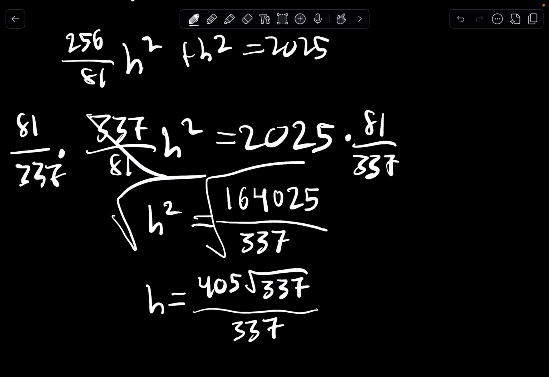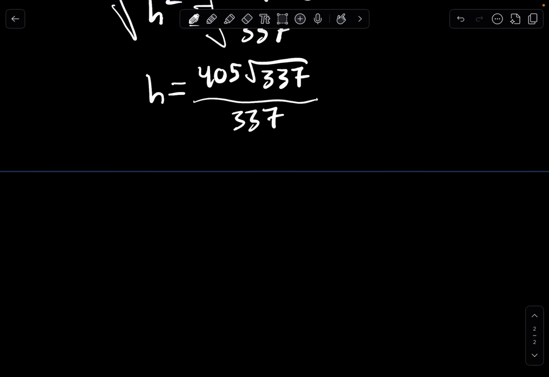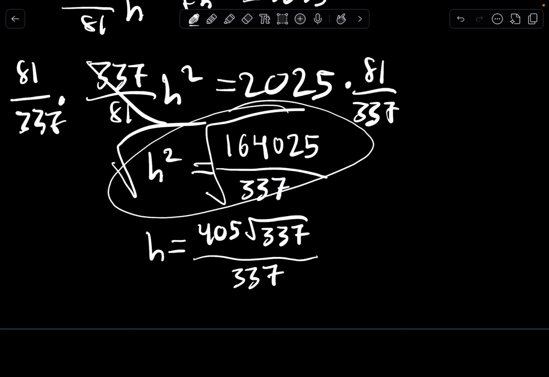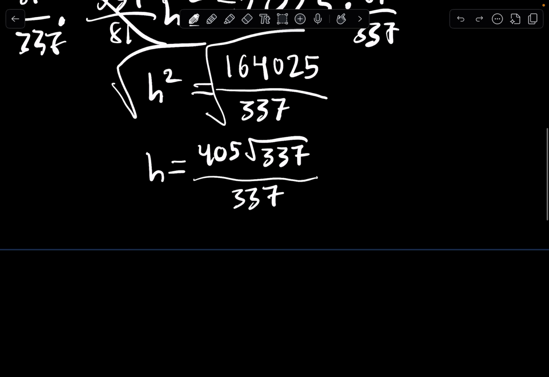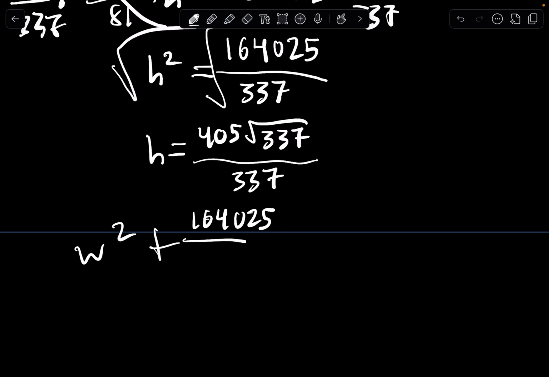Now that we have that, we can input this value back into the equation. Really, we can input either one, and then we can get our w. So w squared plus, we'll just use this value, 164025 over 337, is equal to 45 squared, which is 2025.